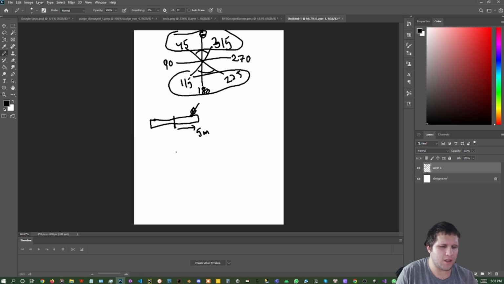What we can do is see where the center of our cube is, and where the center of our ball is. But we won't know the full length of our cube.